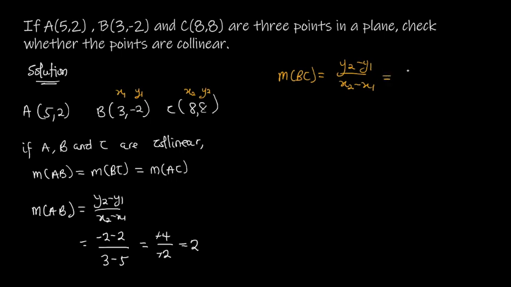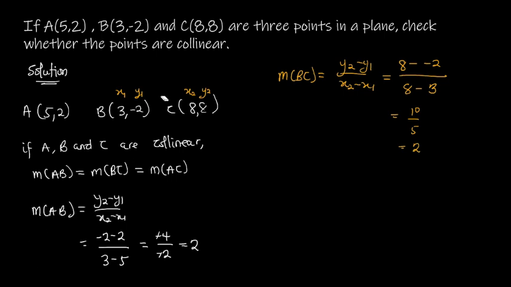So this is equal to, my y2 is 8, as you can see, so I have 8 here, minus my y1 which is minus 2, over my x2 which is 8, minus my x1 which is 3. So at the top I'm going to have 8 plus 2, and that will give me 10. On the bottom here, 8 minus 3 will give me 5, and 10 over 5 will give me 2 as my answer.